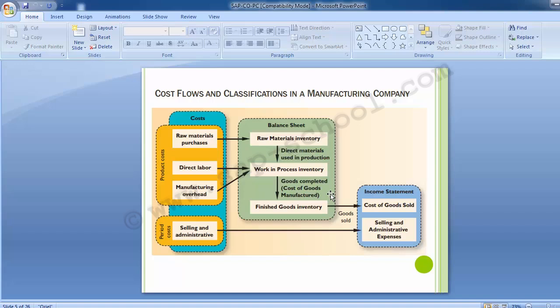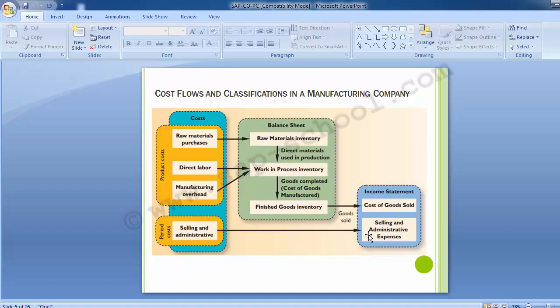Earlier to that, the costs of the inventory account were on the balance sheet side. So you can see that the value has been moved from the balance sheet to the income statement, and later the selling and distribution expenses or the admin expenses are incurred so as to sell those products.